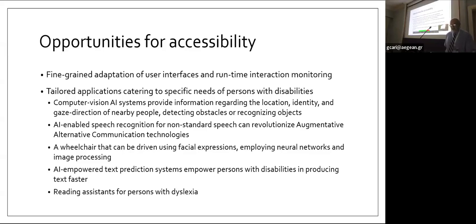Addressing the needs of persons with physical impairments, a wheelchair that can be driven using facial expressions has been developed, in fact, employing neural networks and image processing. Text prediction systems have also been proposed to assist persons with disabilities in producing text faster. Reading assistance for persons with disabilities, and in particular dyslexia, helps them in comprehending written text.